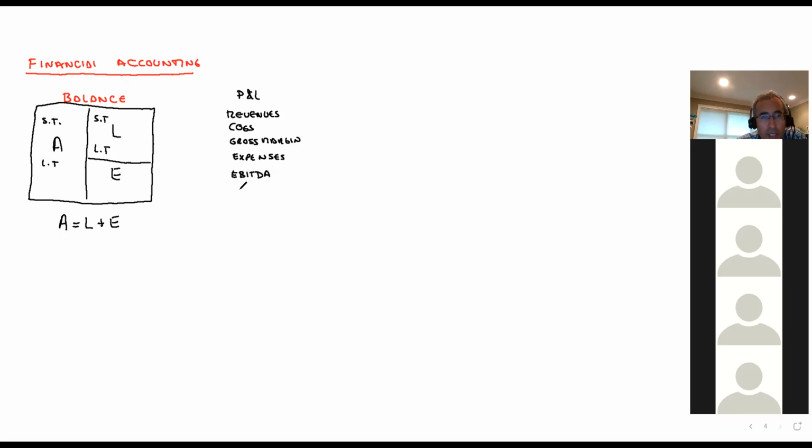Then you have, let's say, depreciation here. Then you have interest payments here, etc. Okay, and then you have the earnings before taxes. Then you have your taxes, and then you have your profits.